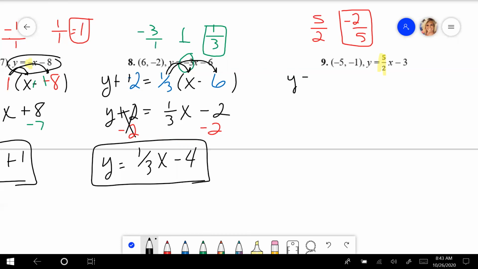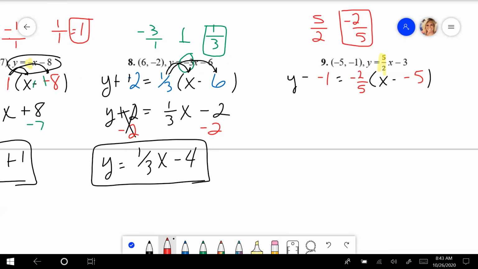So I have y minus y1 equals m times x minus x1. My slope is -2/5. My x1 is going to be -5. My y1 is going to be -1.